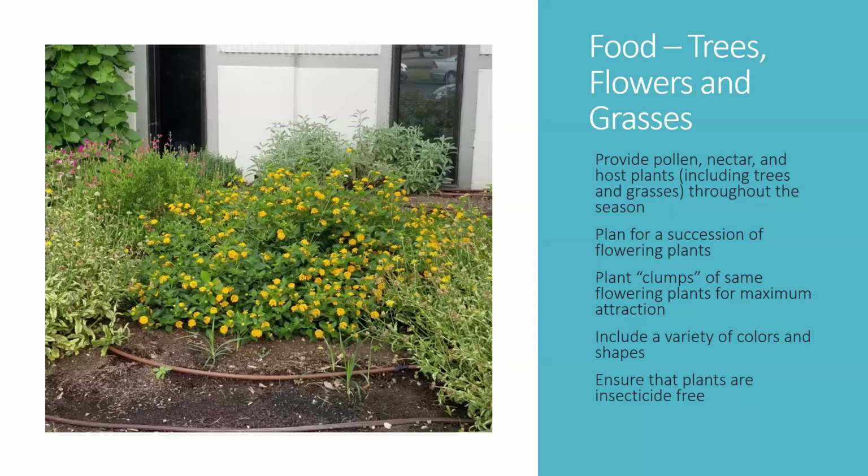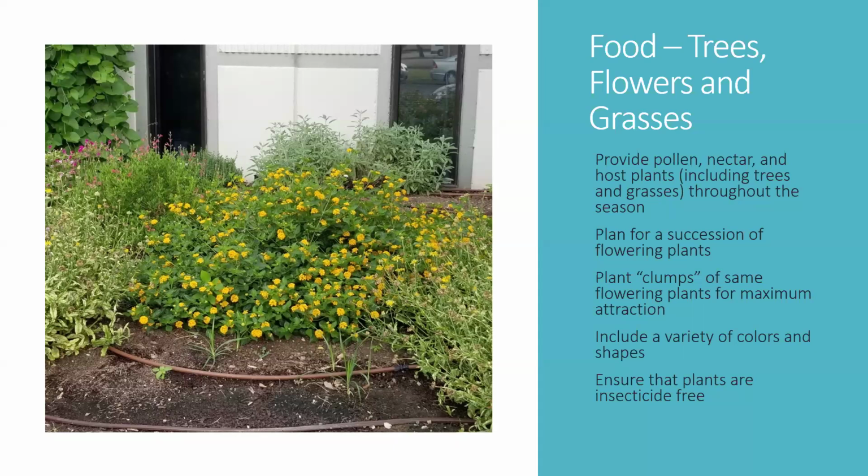So the first thing is providing food. We talked about how these are collecting pollen and nectar. So having host plants that are going to provide that pollen and nectar throughout their season is going to be very important. And that season is going to be spring through fall. We talked about how these aren't typically going to be active in the winter time, so we really don't have to be too terribly concerned about having things that are providing nectar and pollen in the winter.